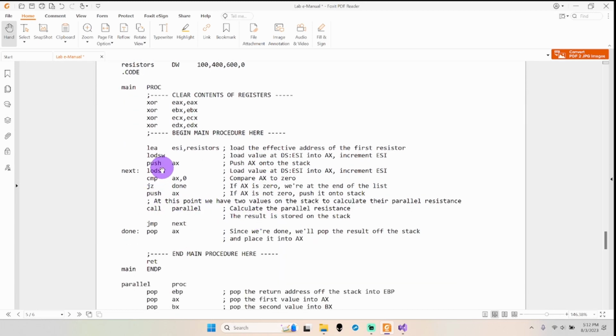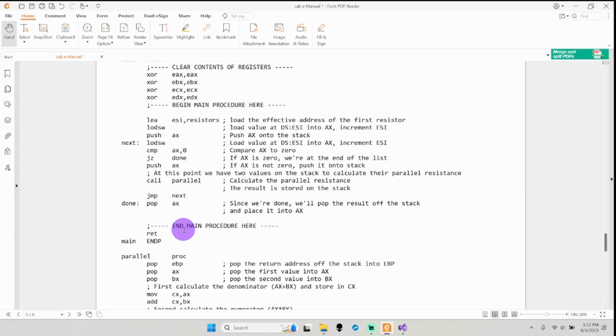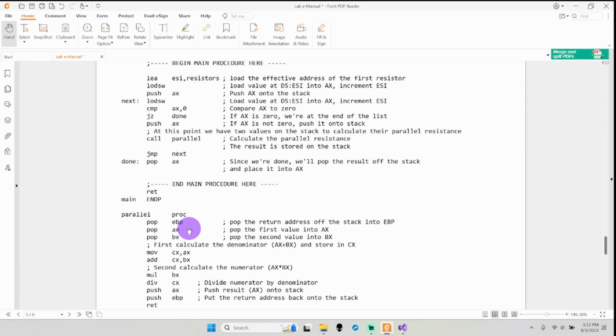And we use the push and the pop instructions to help us with that. Okay? Push is when you put the value of AX into the stack, and then pop is when you want to take it out or pop it out. Okay? Alright. Well, good luck guys.